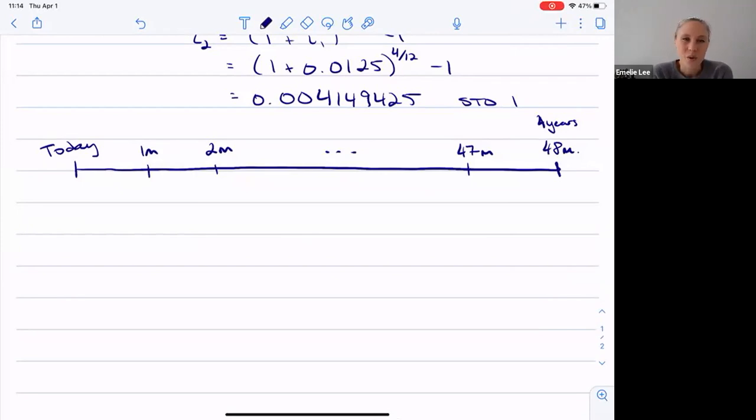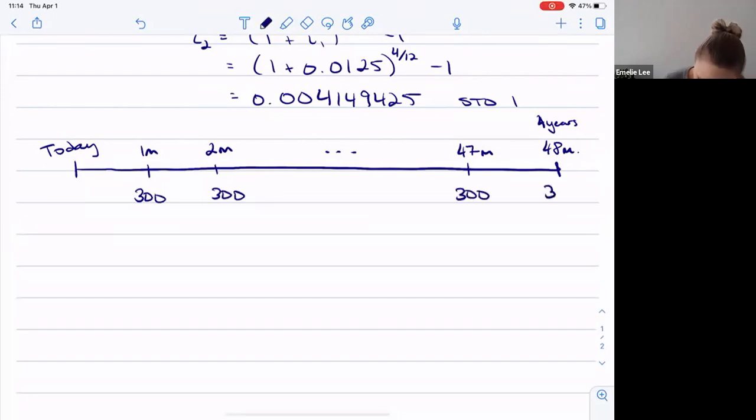Okay. So the payments are being made at the end of each month. So even if you sign the contract today, you would be making this first payment of $300 just before the 1 month mark, right? Just at the very end of today's month. And so we write this $300 under the 1 month mark. And so we have $300 here, $300 here, $300 here, and $300 here.